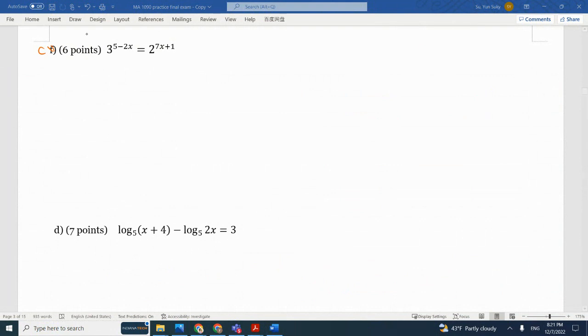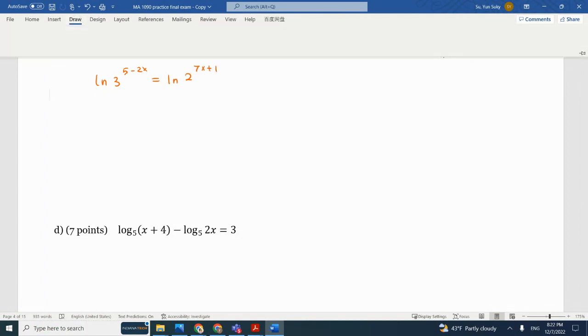So in this case, we apply natural log, ln, on both sides. So here on the left, ln of 3 to the 5 minus 2x equals ln of 2 to the 7x plus 1.